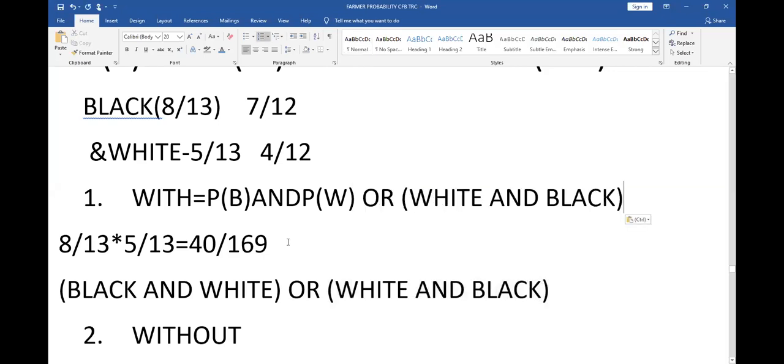Now, so I have picked the first one, this one I've picked here, it is black and white. So I'm going to come here and add or. I want to pick a white and a black. So with replacement, it means the total number of balls is going to remain as 13.